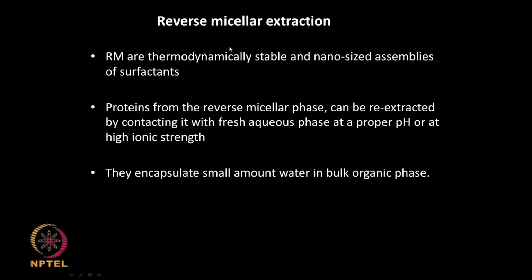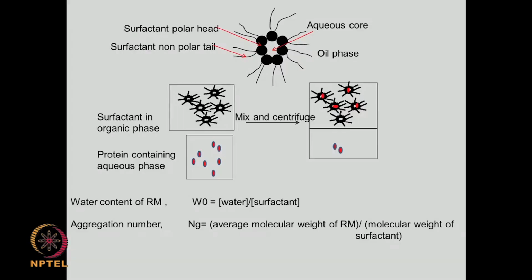Reverse micelles are thermodynamically stable and they are nano-sized assemblies of surfactants. How do you re-extract? I can re-extract by adding fresh aqueous phase at a proper pH and proper high ionic strength. They encapsulate a small amount of water in the bulk organic phase, because I need to re-extract the entire protein which has been taken in using the reverse micelle system.